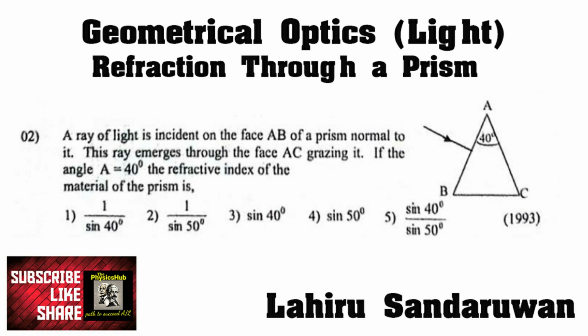A ray of light is incident on the face AB of the prism normal to it. This ray emerges through the face AC, grazing it. If the angle A is approximately 40 degrees, the refractive index of the material of the prism is?